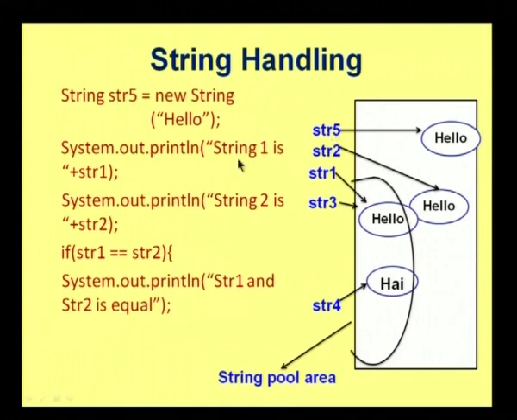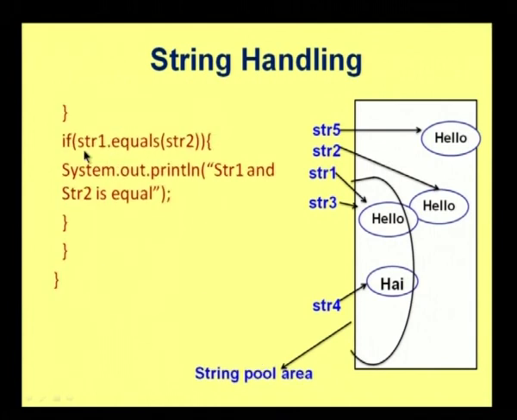Now I am trying to print str1 and then str2 here. My str1 has the value hello and my str2 has the value hello, whereas the objects are different. The str1 and str2 objects are different. So, if I check whether the str1 object and str2 object are equal, in that case it will not be equal.